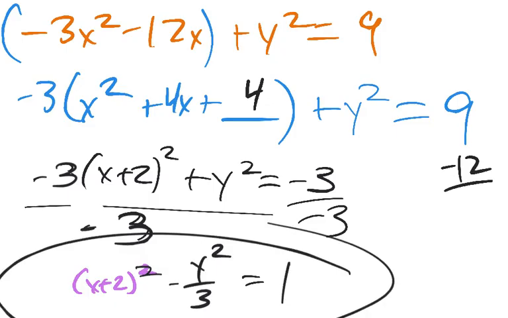That's it. That's the formula I wanted. So we went from r equals 3 over 1 minus 2 cosine theta to literally everything.